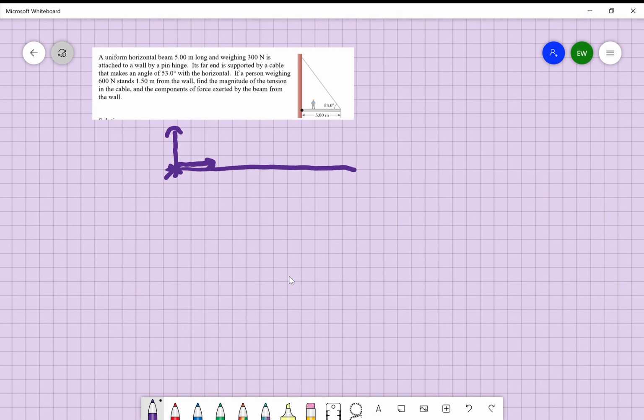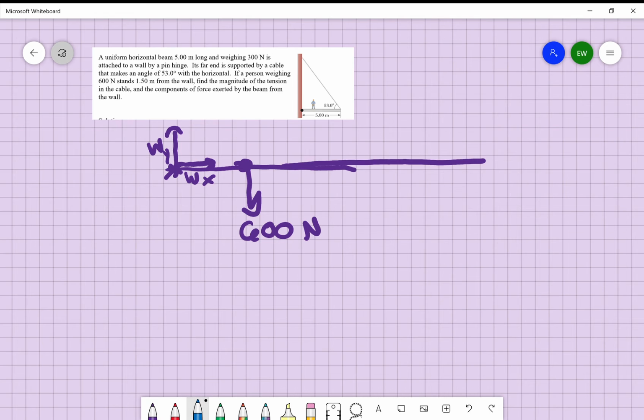So we'll call this wall Y and wall X. I'm going to make this a little longer. At a certain point, let's say here, I have the person, which is 600 newtons. And I'm going to draw my distances in a different color. At 1.5, that's kind of thick.